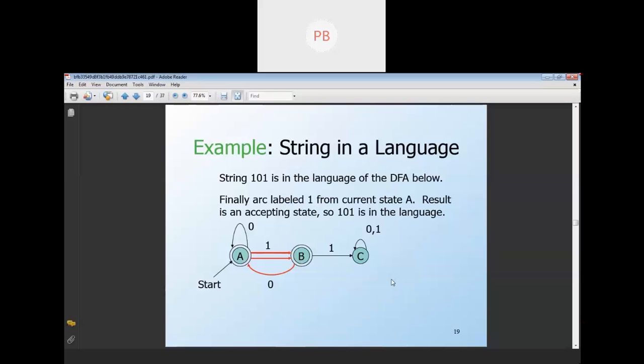For this we have to find out whether the given string is accepted by the DFA or not. If accepted by the DFA, which is defined using some specific language, then the string is within the language.